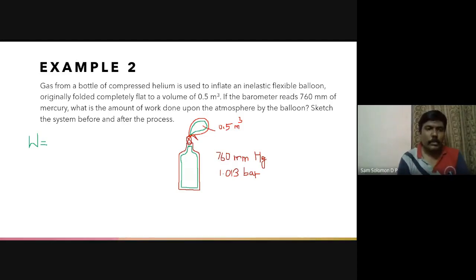We are going to estimate the work done for the bottle, I'll call it BO for bottle, and we also need to estimate the work done for the balloon, I'll call it BA for balloon. Before proceeding further, can you tell me what would be the work done in case of the bottle?